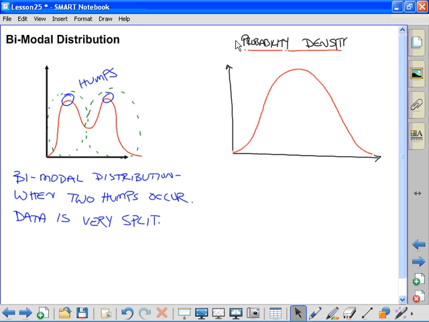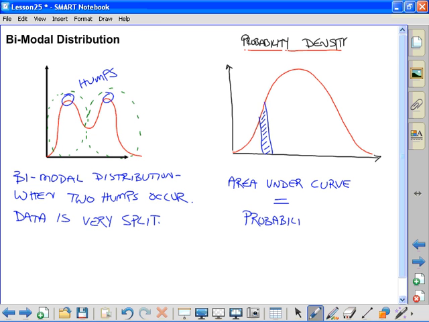What happens now is that the area under the curve is our probability. So area under curve is equal to probability.